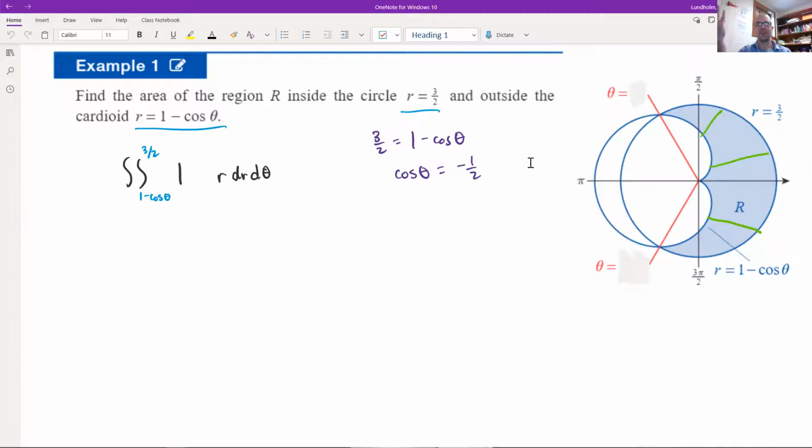Thinking about where the cosine of theta equals negative 1/2, that's going to happen when theta is plus or minus 2 pi thirds. That's the way that I normally say things. So we can erase these now. It's just where the x value here is equal to negative 1/2. 2 pi thirds and negative 2 pi thirds. Those are the boundaries on our integral over here.